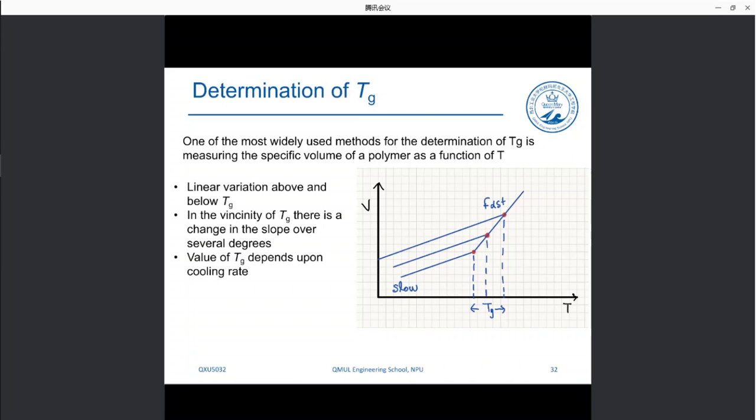By fast, generally we mean rates in the order of 20 plus Celsius degrees per minute, and slow we can say 5 Celsius degrees per minute and lower. At 20 Celsius degrees per minute, we see that we have higher Tg. The reason for that is because the liquid has no time to relax.